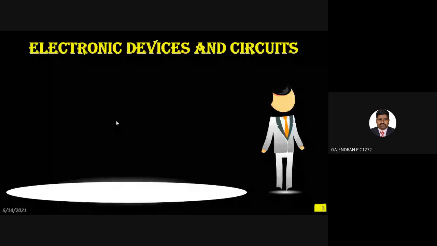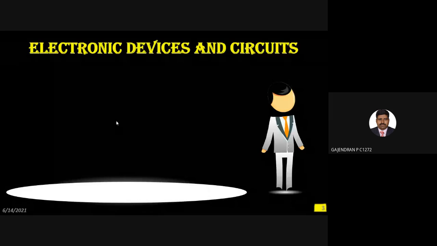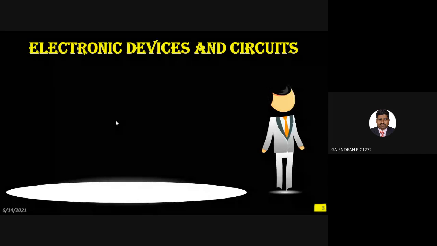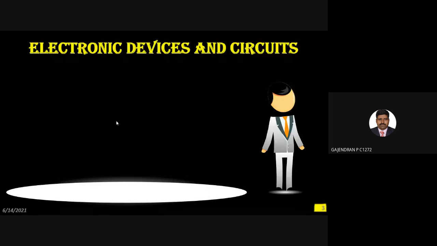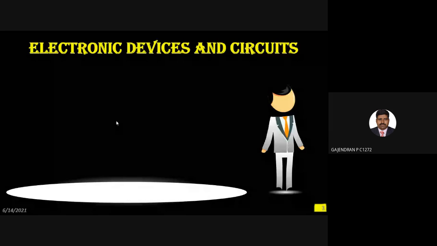So, what is the application of a PN junction diode? In what circuit can we use that one? Rectifying circuits. Yes, very good. Rectifiers. In rectifiers, you can use your PN junction diode. And what about Zener diode?